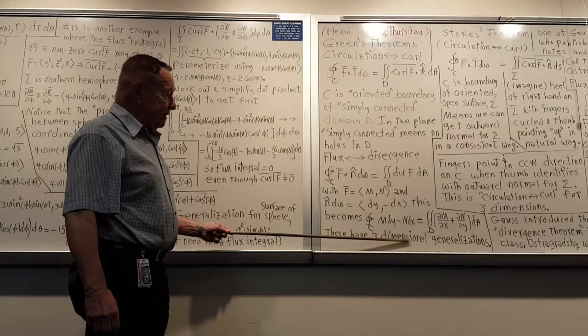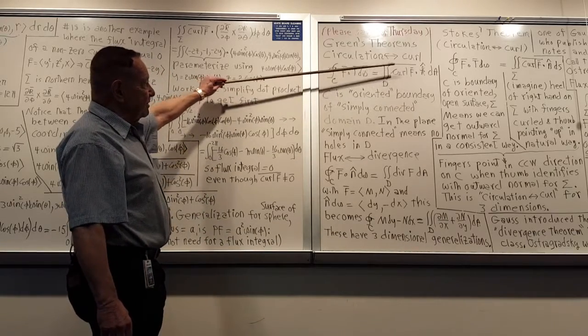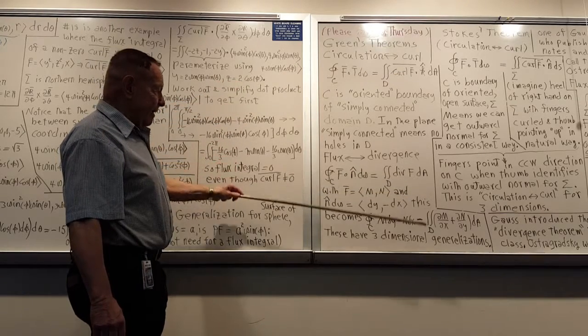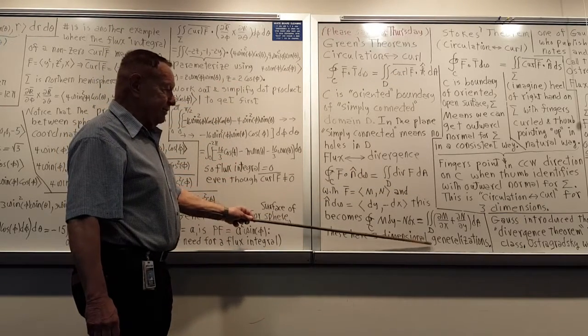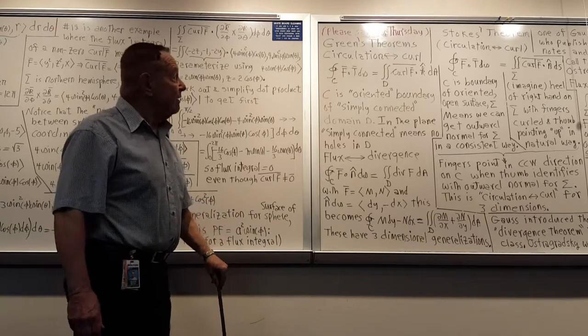So the point I'm making is that if you think of these two theorems in the vector form, this one and this one, then you can see how to do the three-dimensional generalizations.